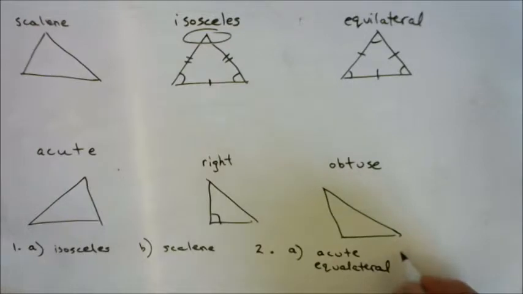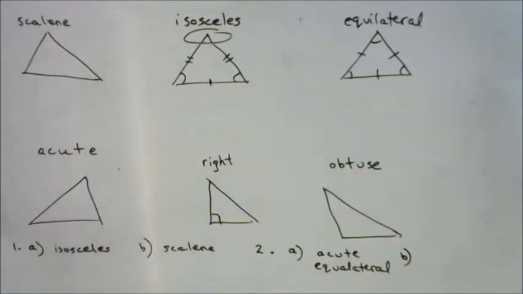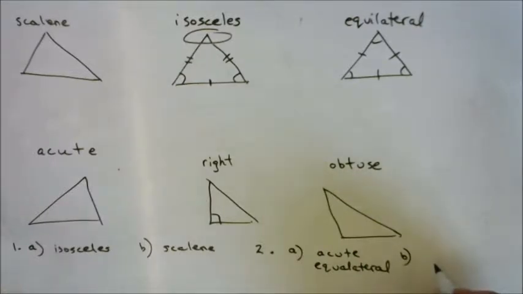Good. And B, obtuse. No, 2B is definitely obtuse. The top part. Yep. If it has one obtuse angle, then the triangle is obtuse.